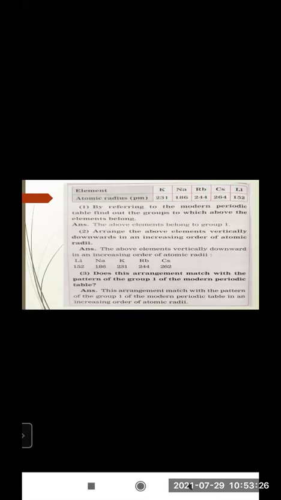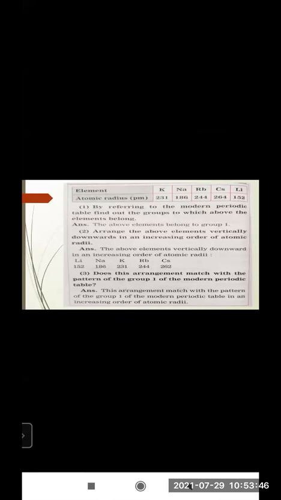You can see all the elements which are given, and below that the atomic radius is given.